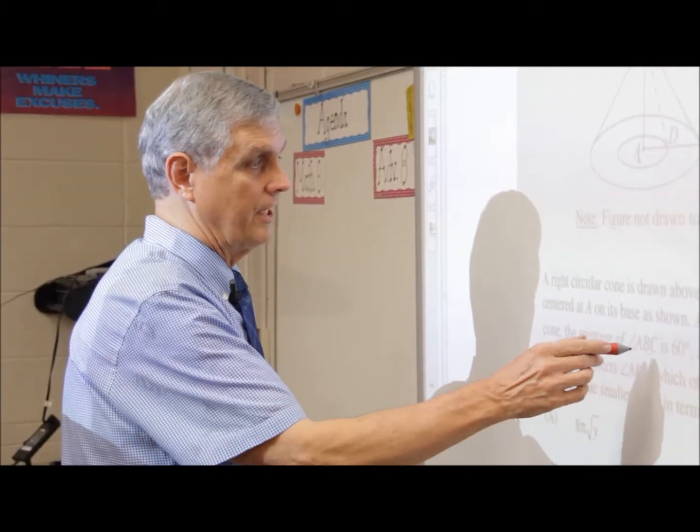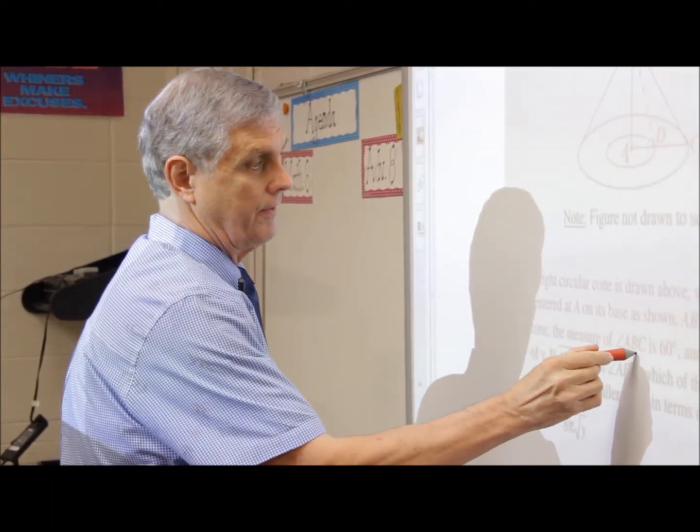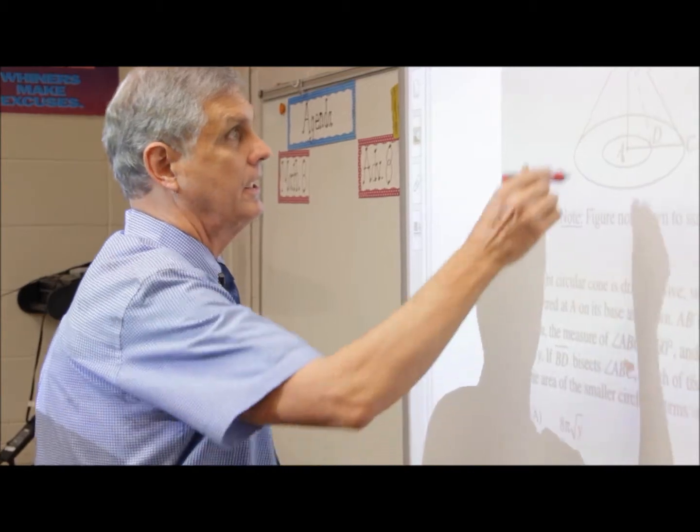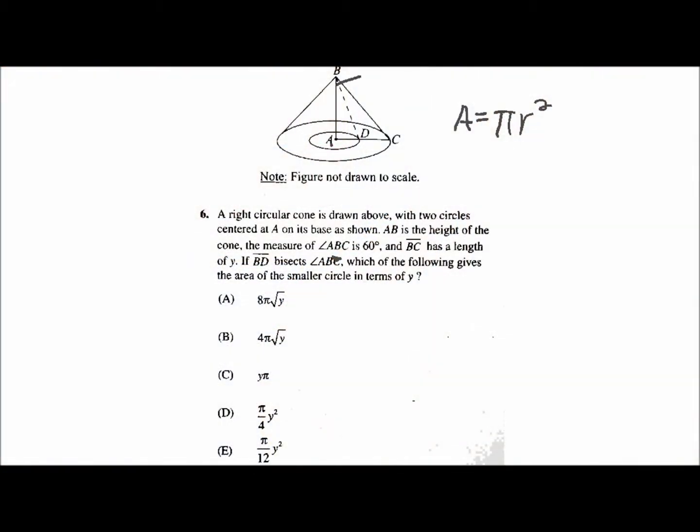They say this angle ABC, and the B means that's the vertex, is 60 degrees. So we know this angle up here has to be 60 degrees in this big triangle ABC. And if that's 60 degrees, we know this one down here has to be 30, because 30 plus 60 plus 90 equals 180, and every triangle has 180 degrees.